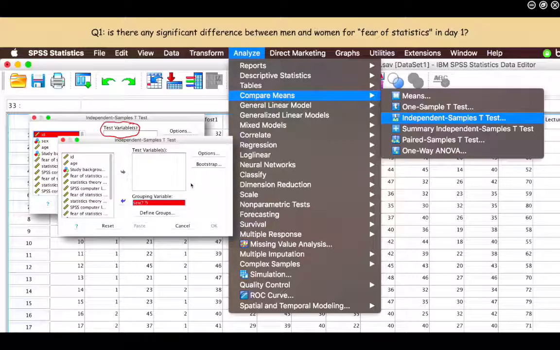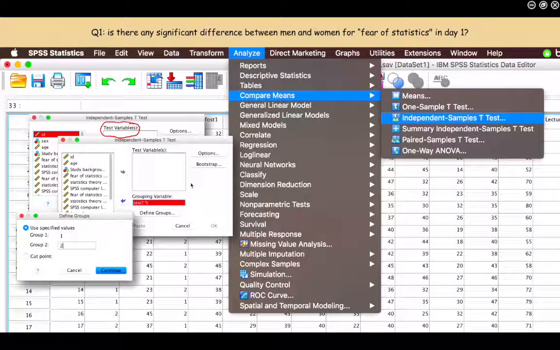This is based on gender. The name of the variable is sex here. Here we need to define the groups, and we define the genders as 1 and 2. So if you click on Define Groups, we can just say group 1 as 1, group 2 as 2.